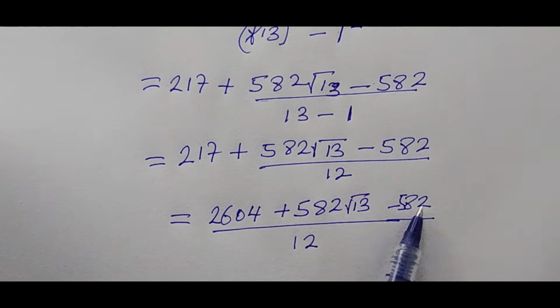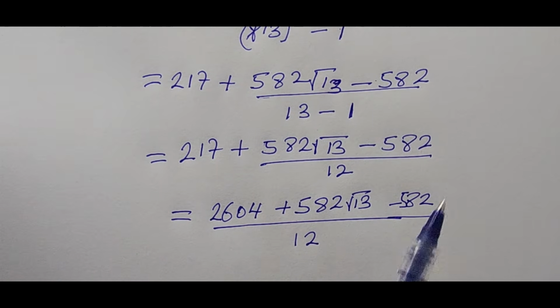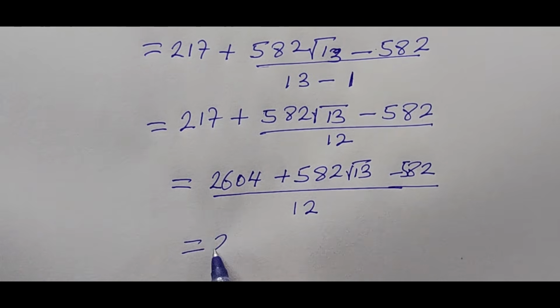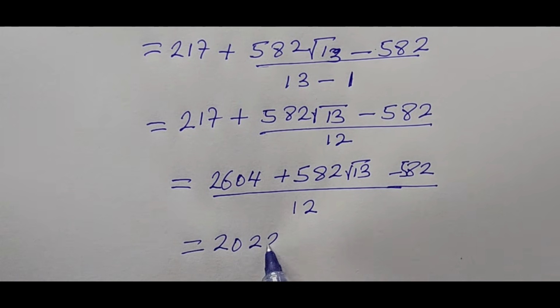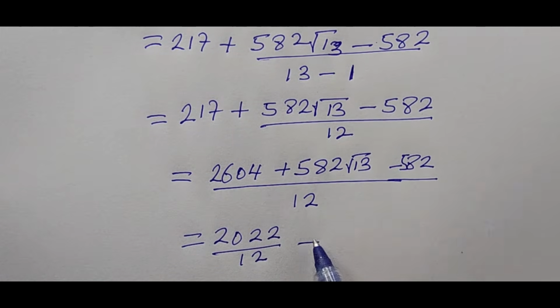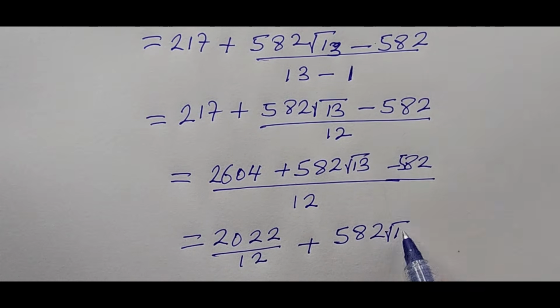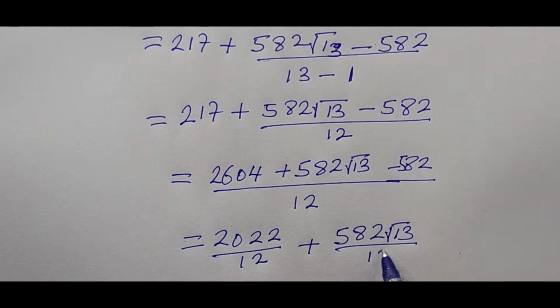Okay, so we can subtract this from this, right? If we do the subtraction, this is going to give us 2022 all over 12, then plus, here we are left with 582 root 13 all over 12.